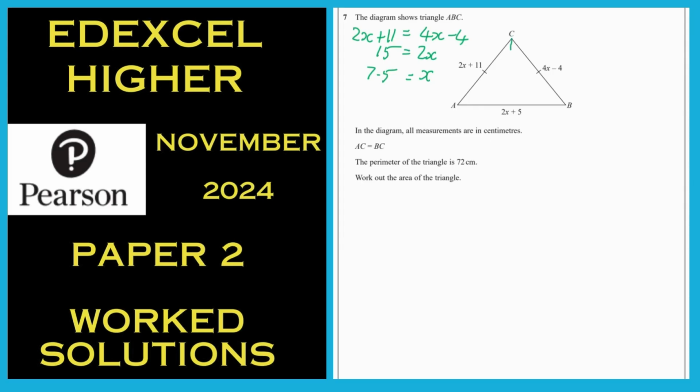But that's not anywhere near the right answer. It wants the area of the triangle. Using a bit of logic, area of this triangle would be the length of the base. The base has the expression 2x plus 5, which will mean 2 lots of the x we've just found.